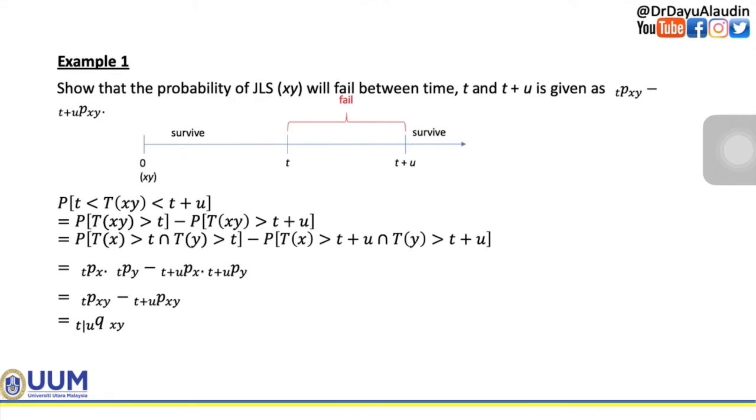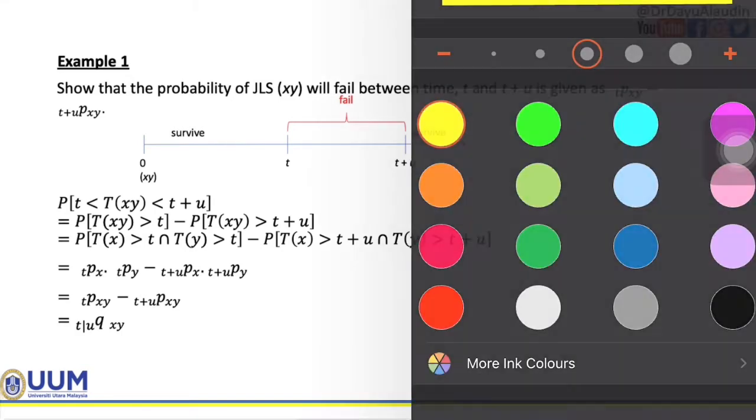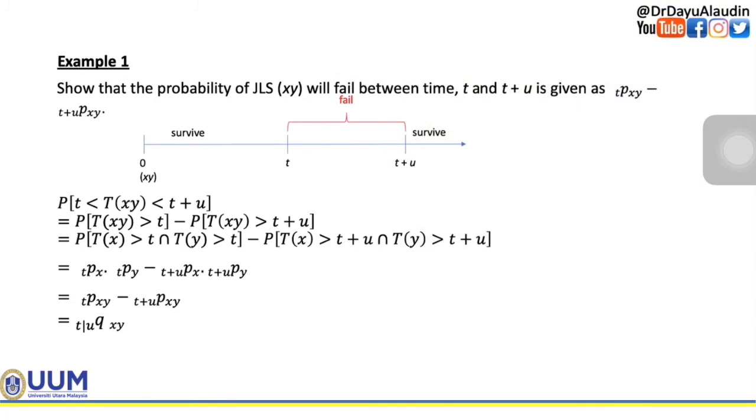So the probability of failing between this time, with the condition that both individuals survive until time t.